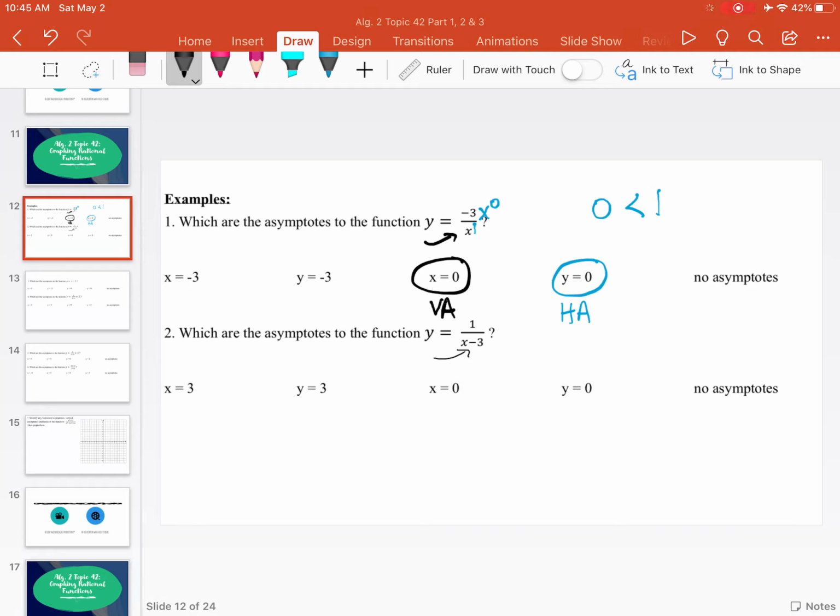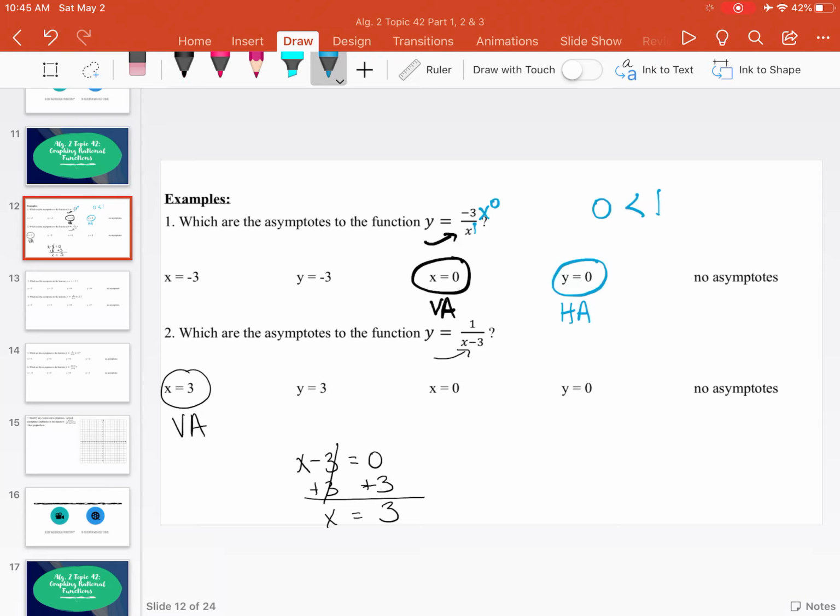We can also set the denominator equivalent to 0 and solve for x. So our vertical asymptote is going to be x equals 3.